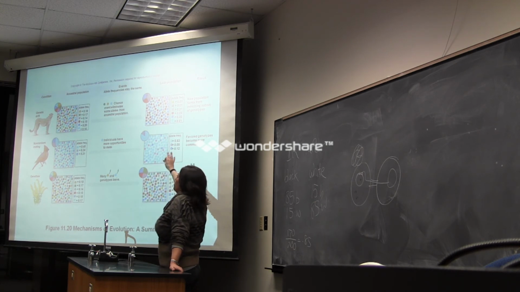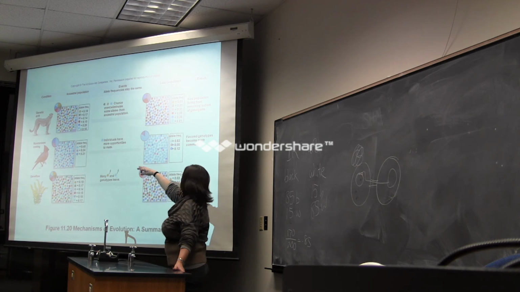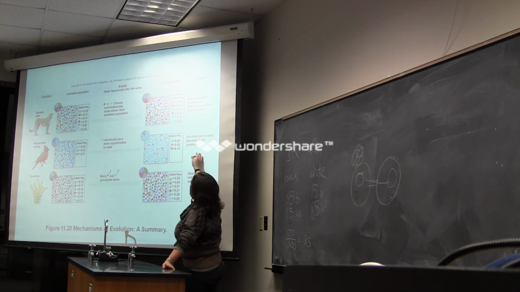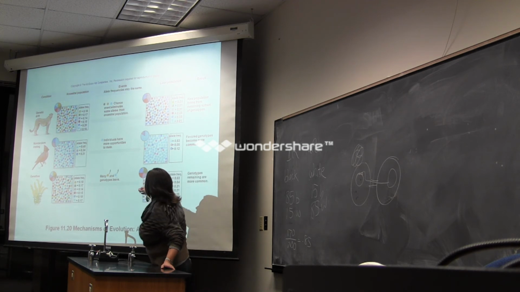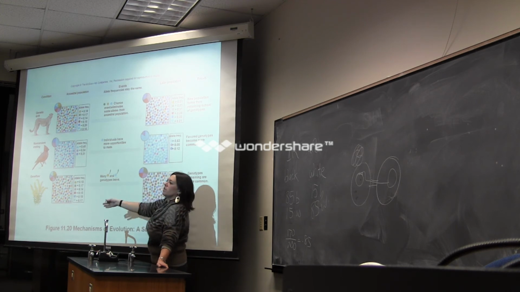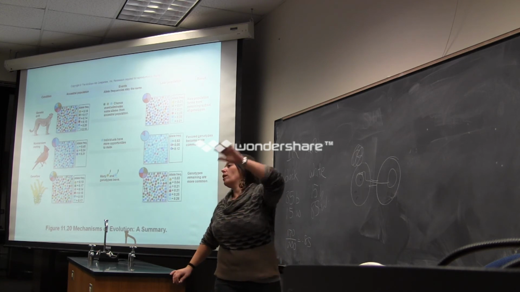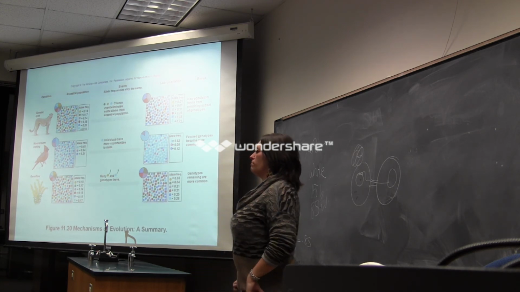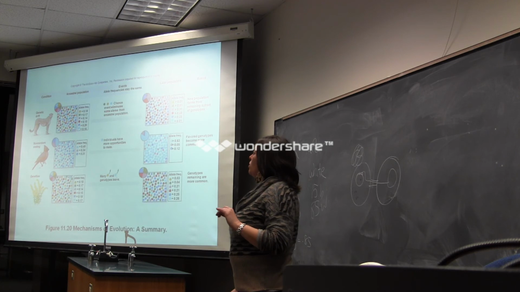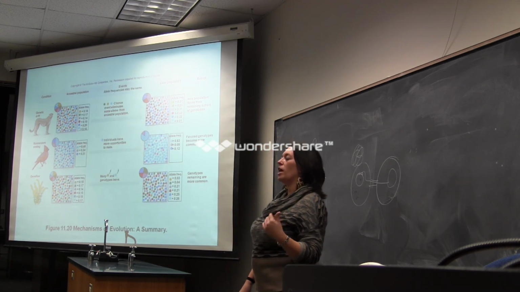So depending on who you choose to mate with, that also affects the allele characteristics of future generations. And then finally you have gene flow. This is where you get migration of certain individuals or certain characteristics either in or out of a population. So that's 6. You do not count Hardy-Weinberg.